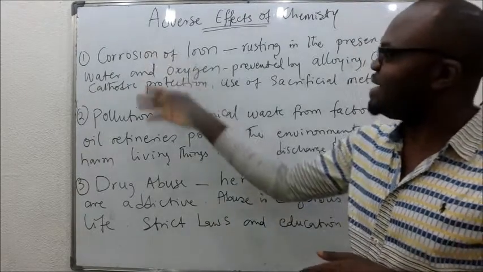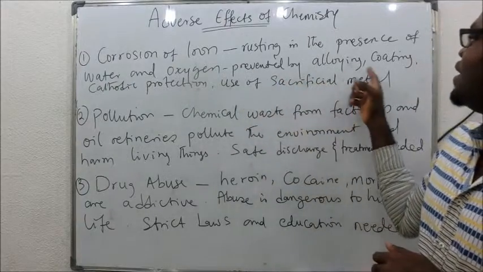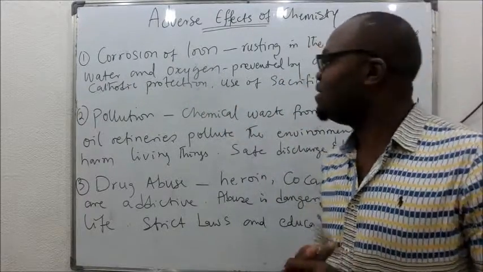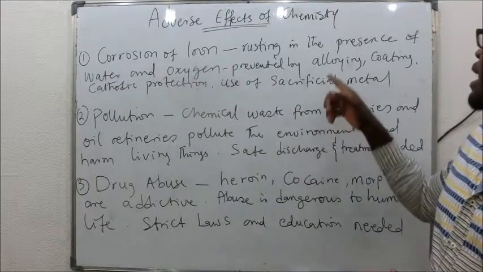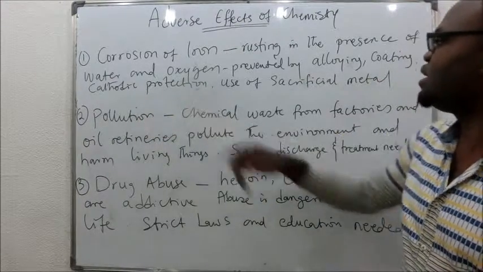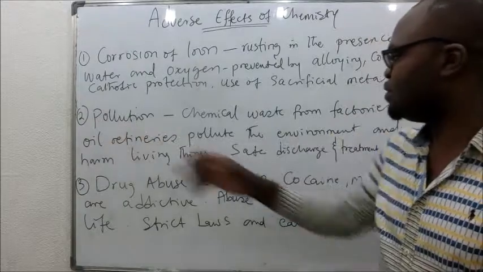So you see these three adverse effects of chemistry, and how to prevent or check them. So WAEC may ask you such questions. How do we take care of corrosion? By alloying, coating, cathodic protection, and use of sacrificial metal. How do we take care of pollution?